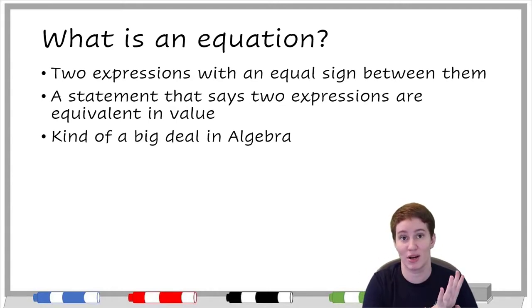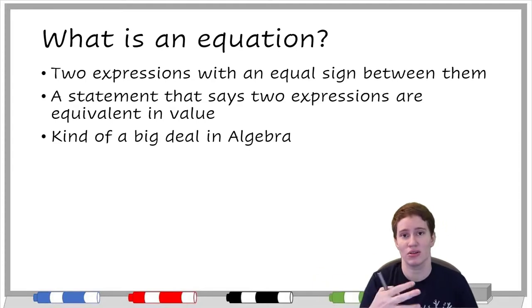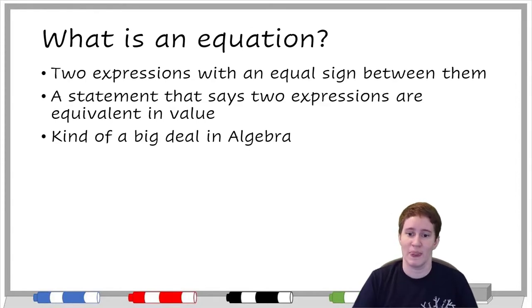Because I have my own actual name and then I have the name that my child calls me. Those are equivalent names, sort of. That's not necessarily a great example, but it's the idea that we want to show that this equals this, so we put an equal sign in between and it becomes an equation.